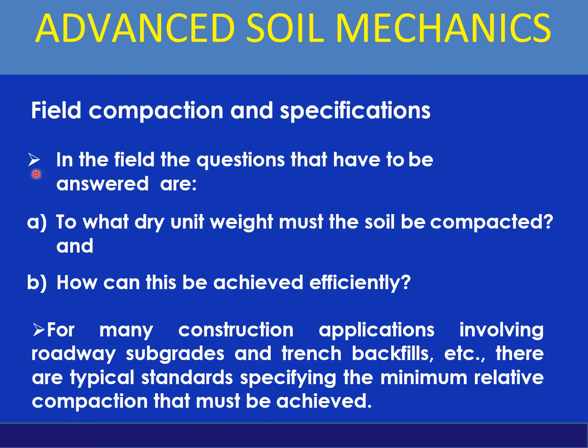In the field, the questions that have to be answered are: to what dry unit weight must the soil be compacted, and how can this be achieved efficiently? For many construction applications involving roadways, subgrades, and trench backfills, etc., there are typical standards specifying the minimum relative compaction that must be achieved.